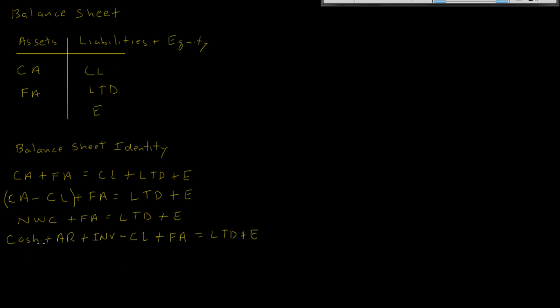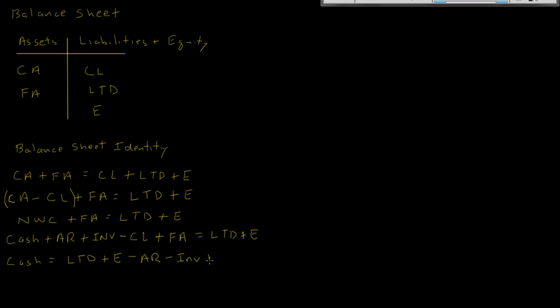And so if we do that, we can keep cash on the left-hand side of the equation and bring all of these things over to the right-hand side of the equation. So we're going to have cash equals long-term debt plus equity. Okay, we're going to subtract accounts receivable. We're going to subtract inventory.